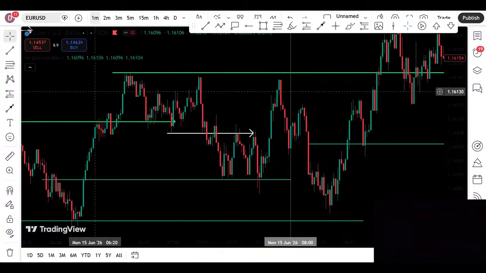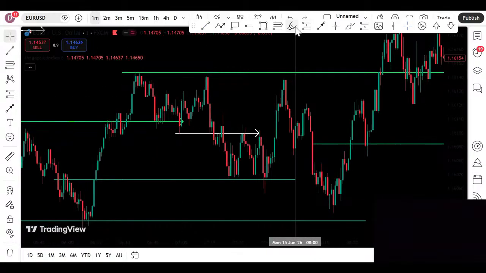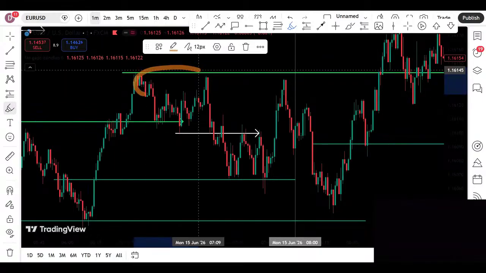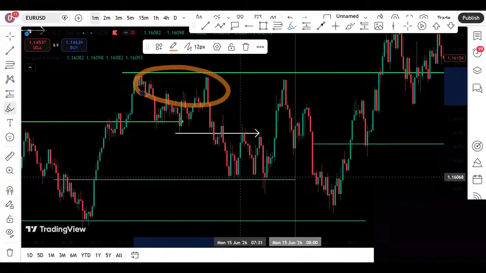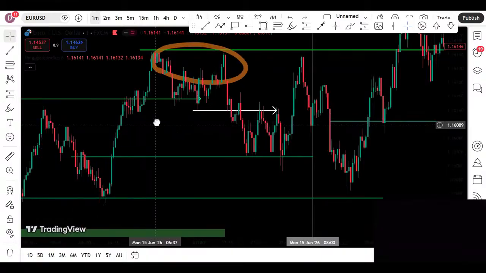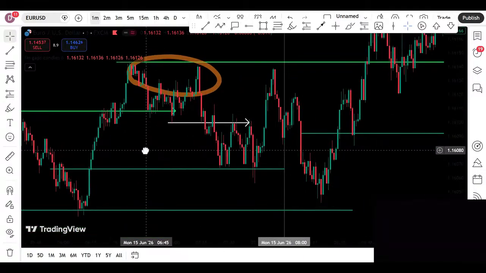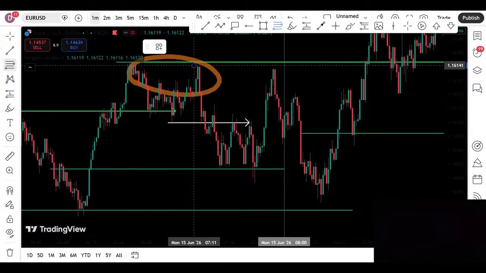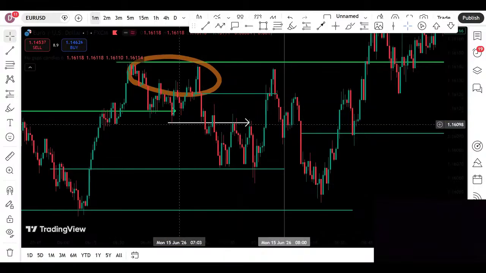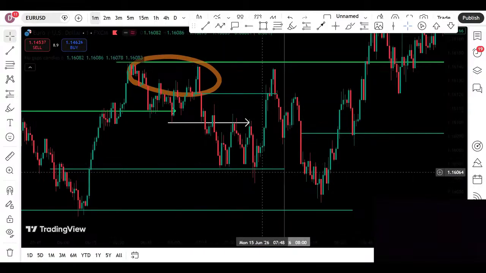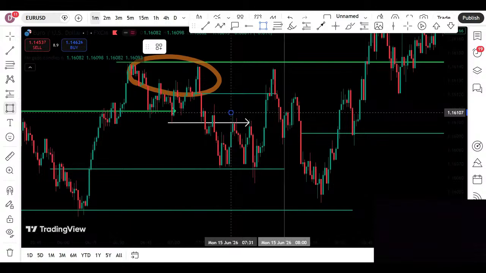Look, you will see this double. And what do we do? We skip some zones. We skip the 50%. So you see price coming down, pressed up to the 50%, went higher, and we had a zone around here.